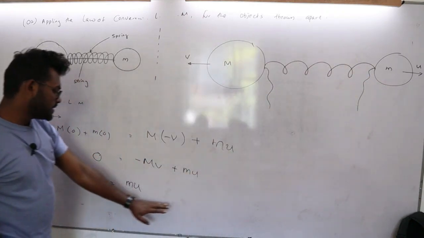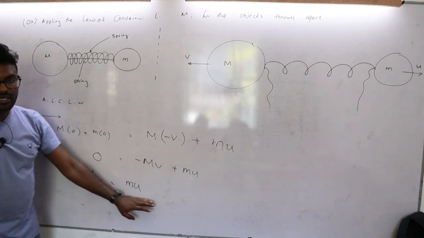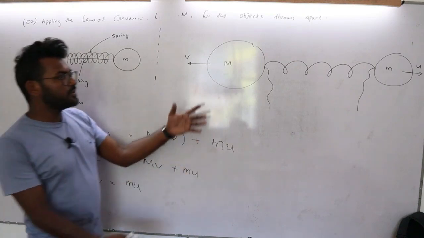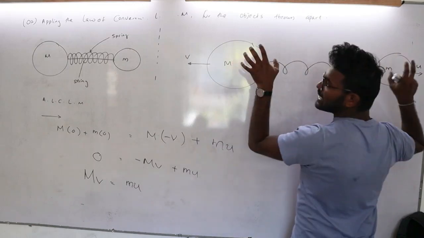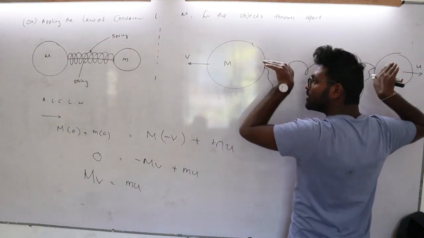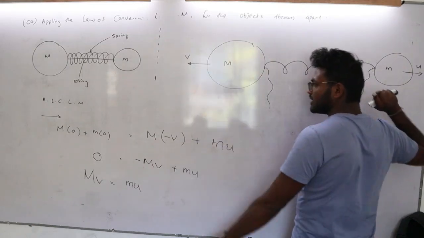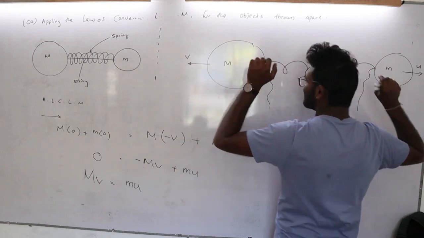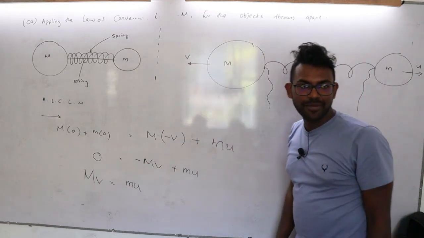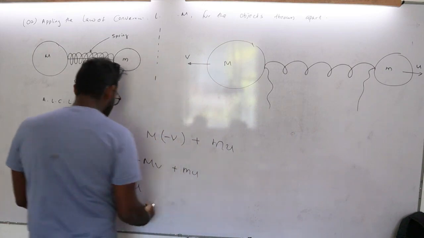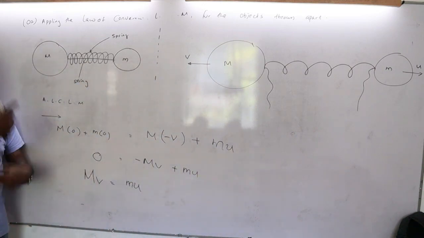That is why mv should be equal to mu, which means the momentum of these two has to be equal in magnitude but opposite in direction, like an aeroplane does, right? They should cancel off, making the momentum again back to 0.